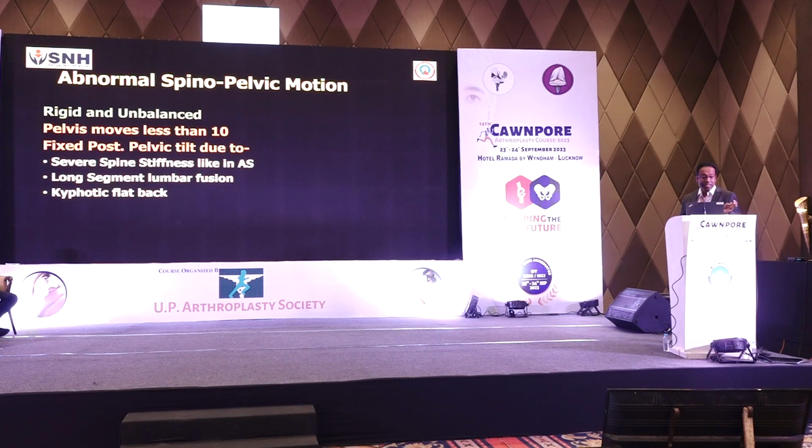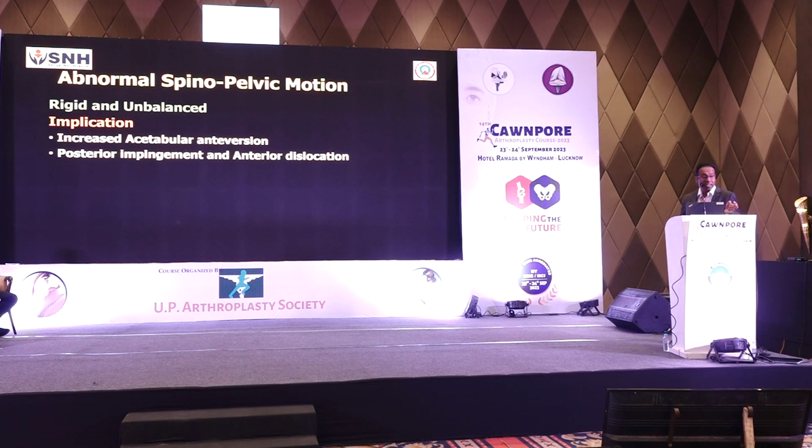This happens in severe spine stiffness, long segment lumbar fusion, and kyphotic flat backs. The implication is that as the increased anteversion is already there, posterior impingement and anterior dislocation can occur in these patients. Whenever you have a doubt in these, you should discuss with a spinal surgeon, and you can send these patients for spine surgery first, and keep the cup less anteverted in spite of having the spine surgery done first.